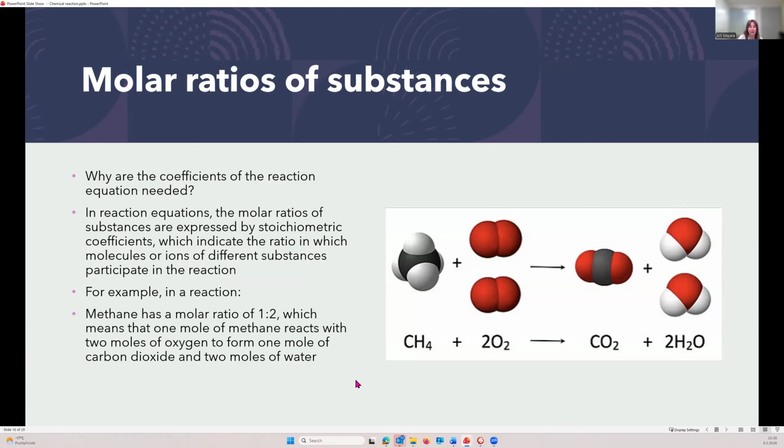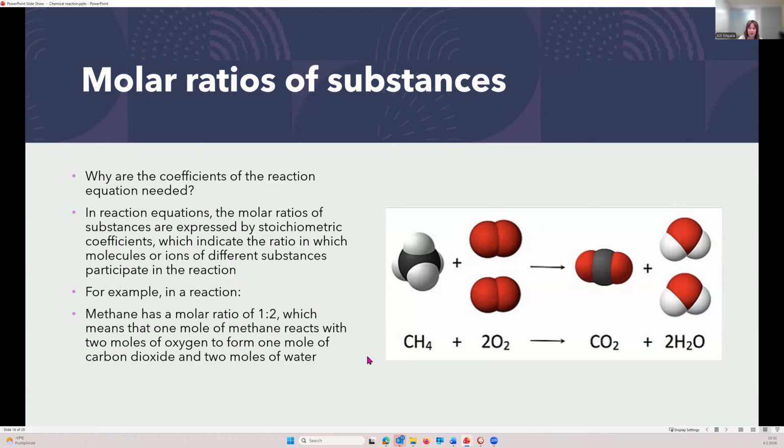Why are the coefficients then needed? Well, molar ratios of substances are expressed by these coefficients. And there we get the ratio in which molecules or ions of different substances participate in the reaction.